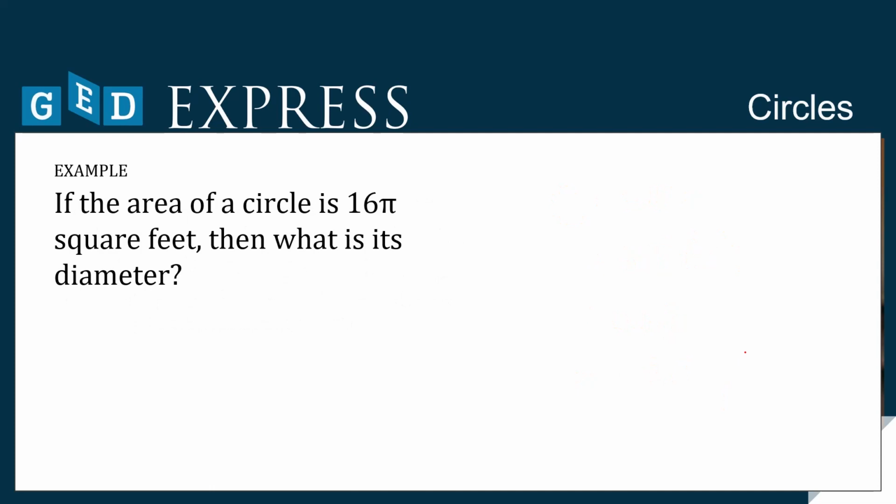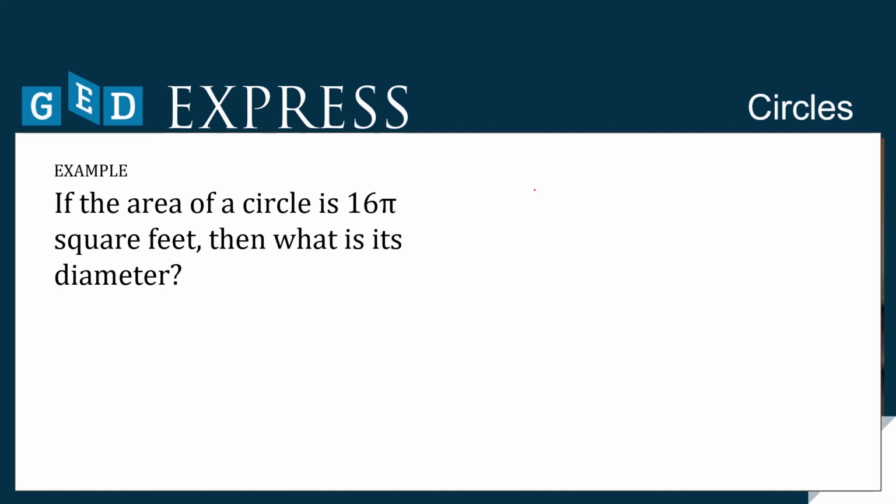Okay, last example. If the area of a circle is 16 pi square feet, then what is its diameter? The given is the area, and what we will be looking for is the diameter. So let's use the formula for the area since we have the area.